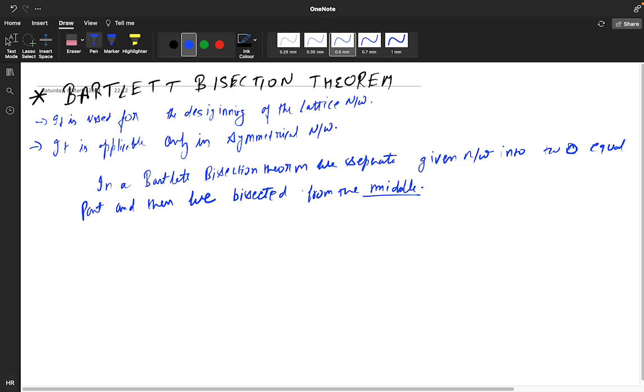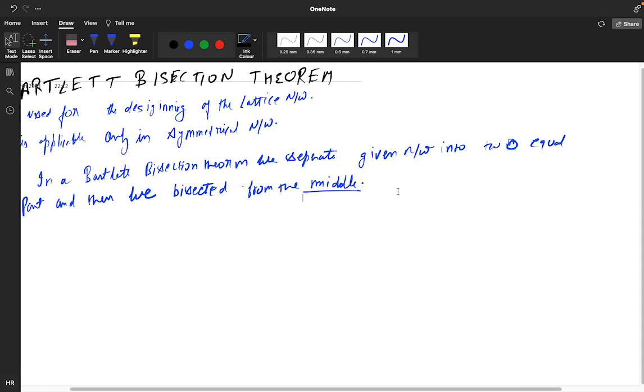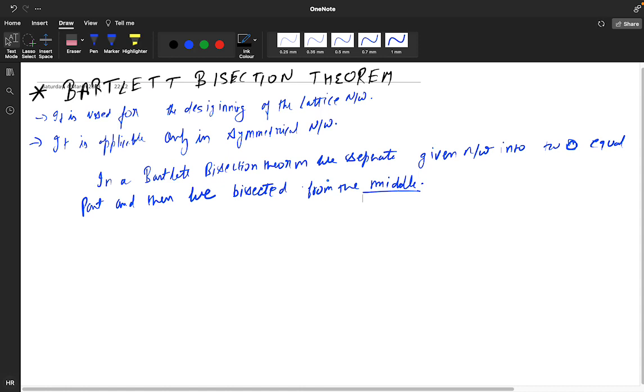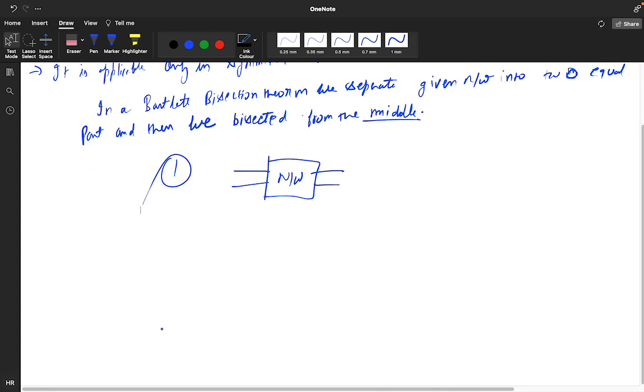Okay, so see, if you have a symmetrical network like this, and this is your first part, you have to check whether the network is symmetric or not.